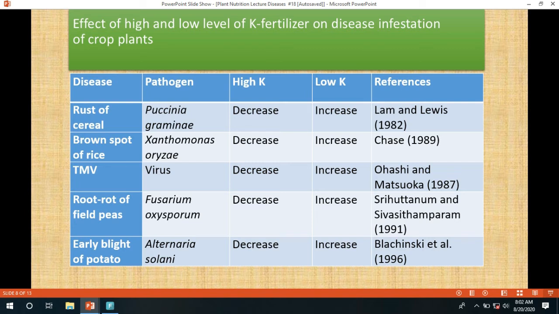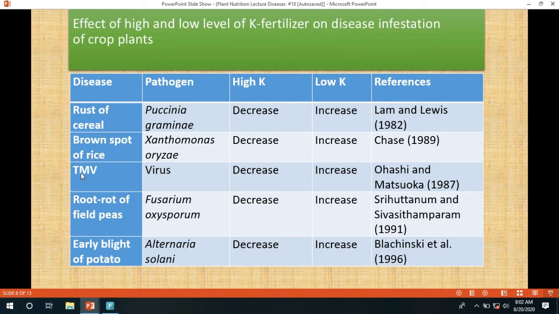The effect of high and low levels of potassium fertilizer on disease infestation of crops. In this table, we can see the rust of cereal, Puccinia graminis: the high level resulted in a decrease of disease infestation, and the low level increased it. Brown spot of rice, Xanthomonas oryzae, similarly decreases with a high level and increases with a low level.